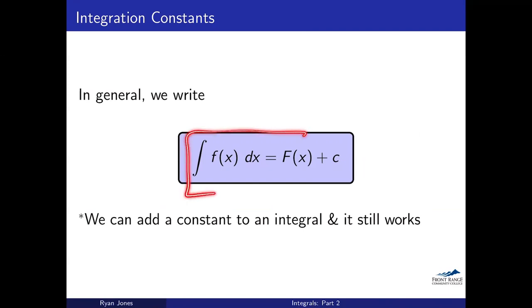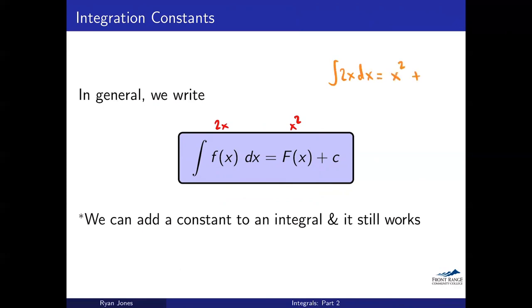Using the notation that we've seen last time, if I take the integral of a function, that's going to give me some answer. Maybe this is a 2x and this is an x squared. But what it's saying now is that I should add c, because in reality, the integral of 2x is not just x squared.